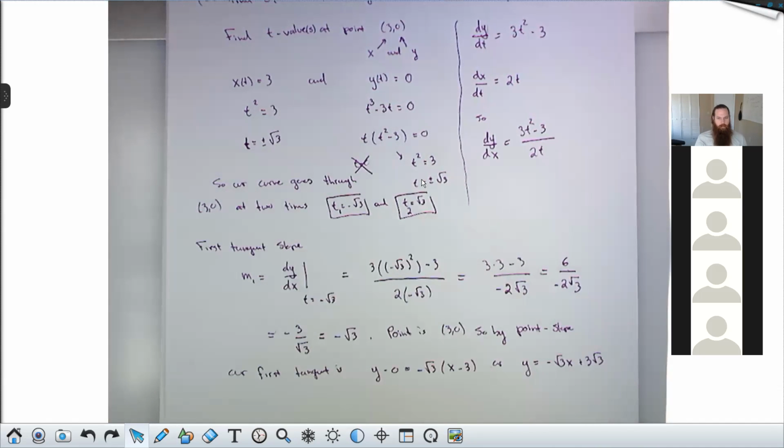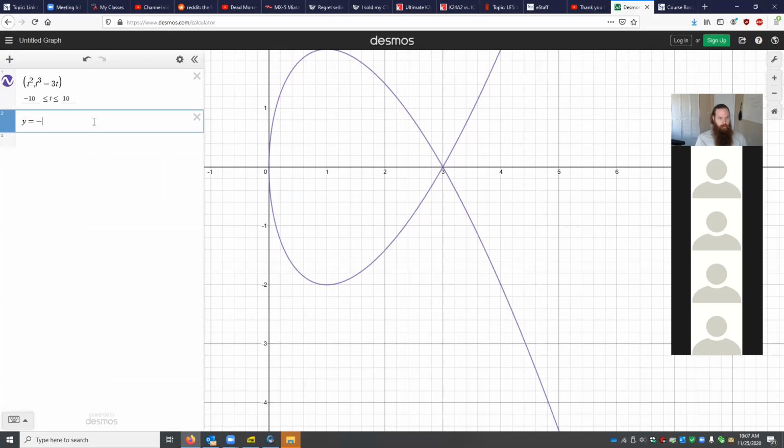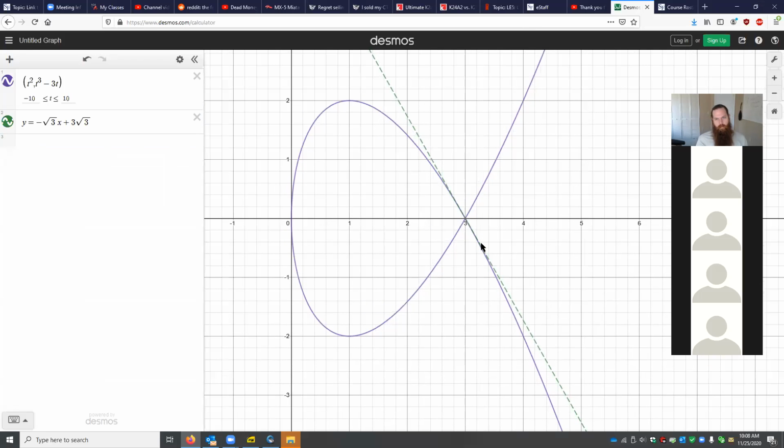And you can check, you can put this in Desmos. There it is. There's your tangent. So this is the tangent line that we get on the way in.